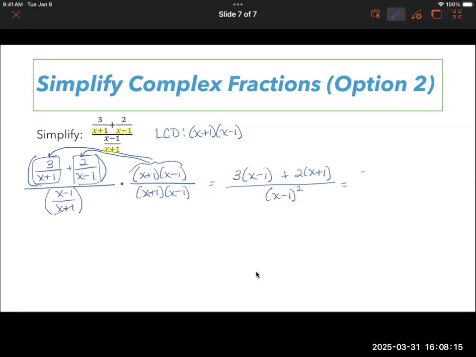And now I think you can see we end up with the same result we got in the previous option. We distribute the 3 and the 2, and we simplify to get the 5x minus 1 in the numerator over the x minus 1 quantity squared.